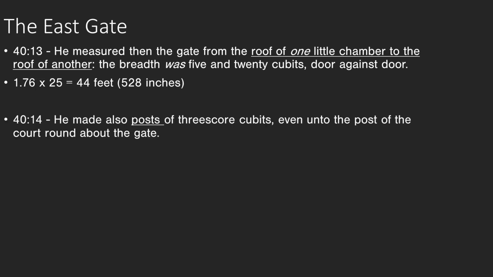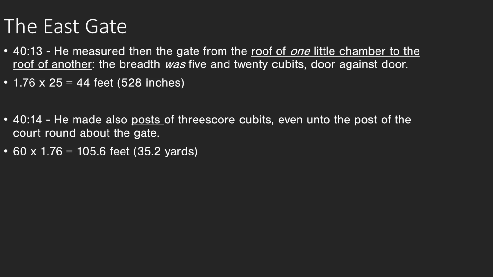He made also posts of 60 cubits, even unto the post of the court round about the gate. 60 cubits is 105.6 feet. Though this would not be a part of a Bible study per se, I must mention it in passing for your curiosity's sake.